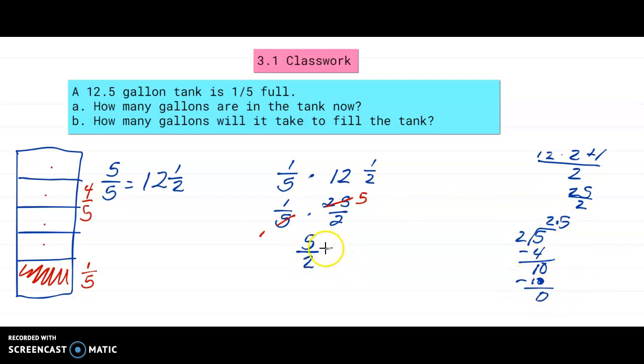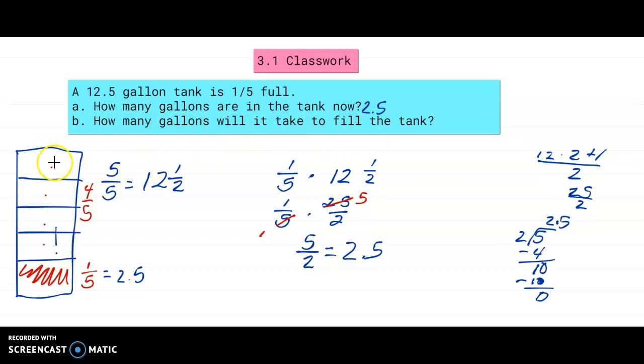So this is equal to 2.5. So now what I know is that 1/5 is equal to 2.5. So that answers question A. How many gallons are in the tank now? 2.5. But they also are asking how many gallons will it take to fill the tank.